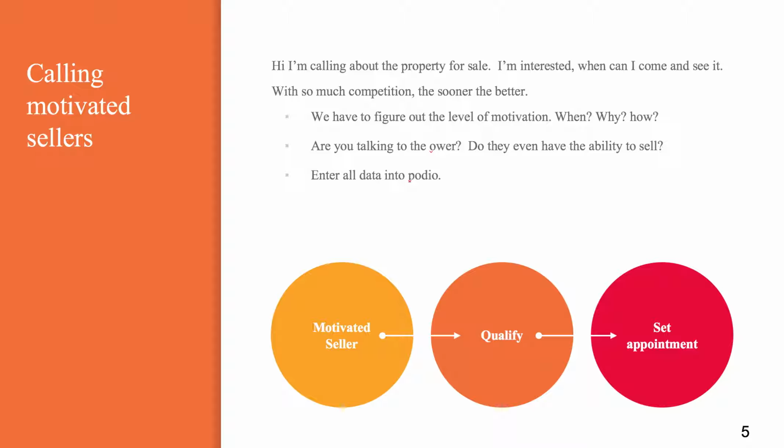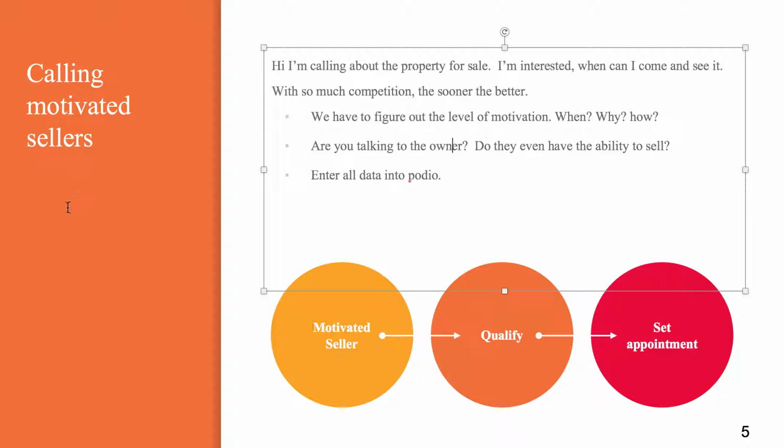That's probably the best question you could ask: what has you looking to sell? What happens when the property is sold? What's going to happen when you sell this house? What's going to happen in a perfect world? When do you see yourself moving out of this house? It's all about asking the right questions. Are you talking to the owner?